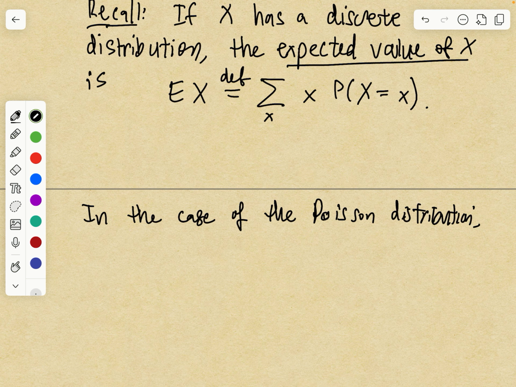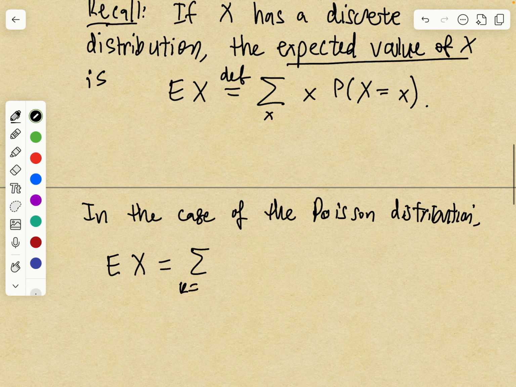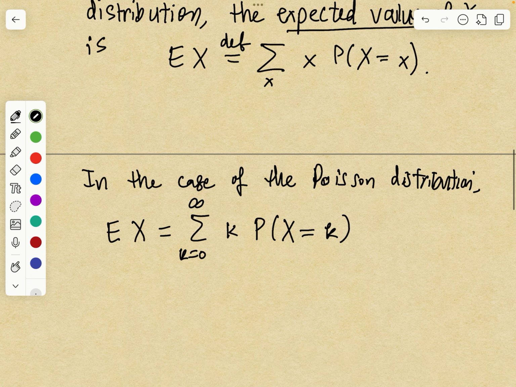What we have to do is sum over all k of k times the probability that capital X is k. Well, when k is 0, this product is just 0, right?